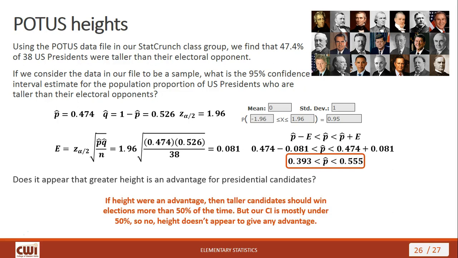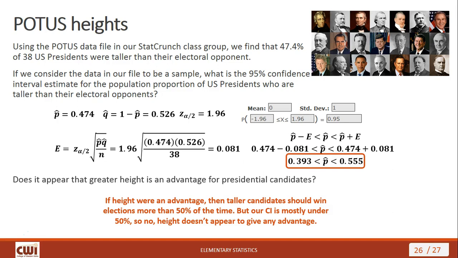Well, here I hope you're looking that if height were actually an advantage, then taller candidates should win elections more than half the time. Because if you win more than half the time, that means there's something there that gives you an advantage. Well, the CI that we calculated is mostly underneath 50%. So, no, it doesn't appear that height gives us any advantage.